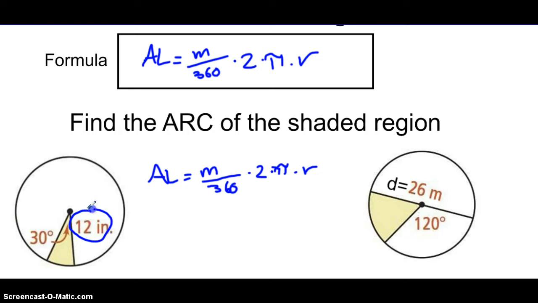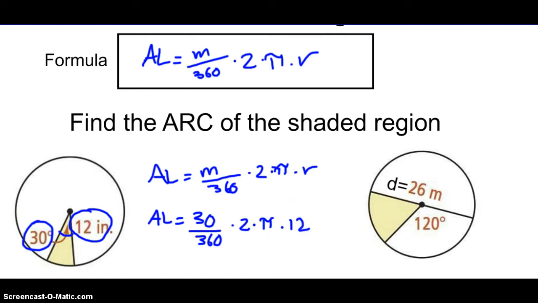All right? Now we just have to plug in information. 12 over here, inches, is our radius because that's a length. 30 degrees is our angle measure, because it's a degree. Now we just plug it in, so we got arc length equals 30 over 360 times 2 times pi times 12.